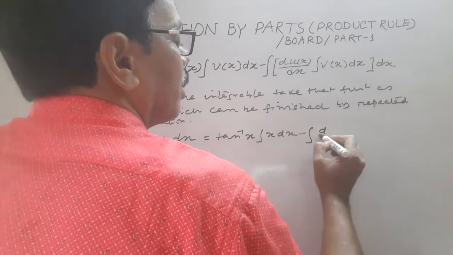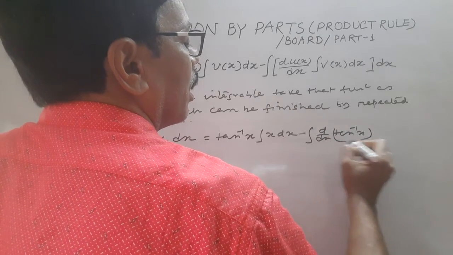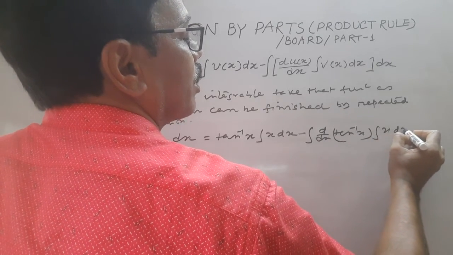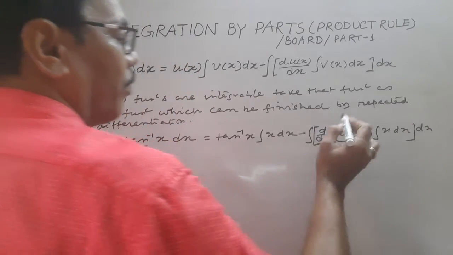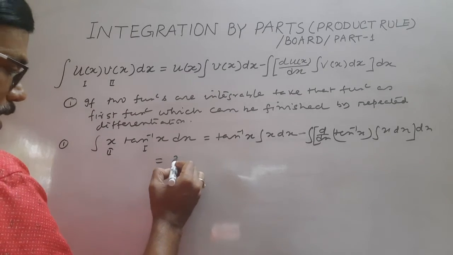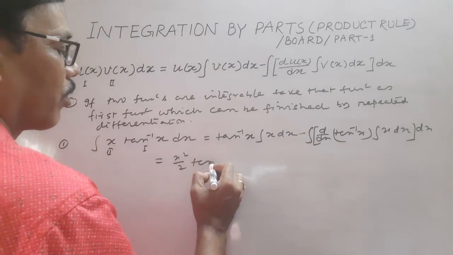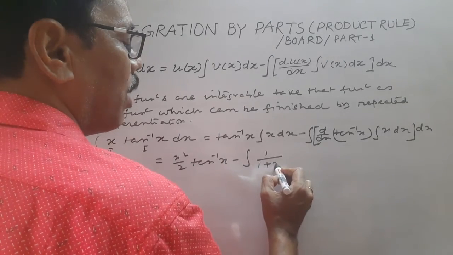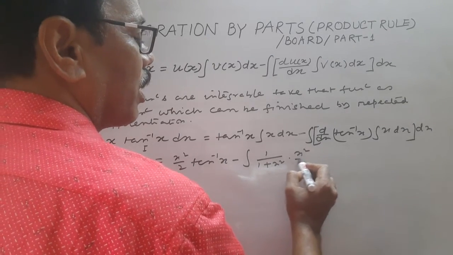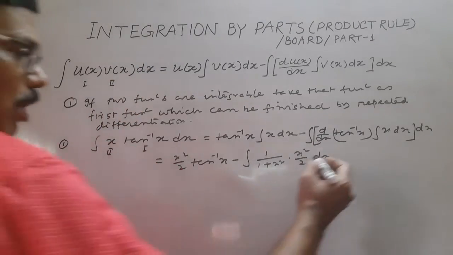Minus d/dx of tan inverse x into the integration of x dx, total dx. So x square by 2 into tan inverse x minus the integral of 1 by (1 plus x square) into x square by 2 dx plus c1.